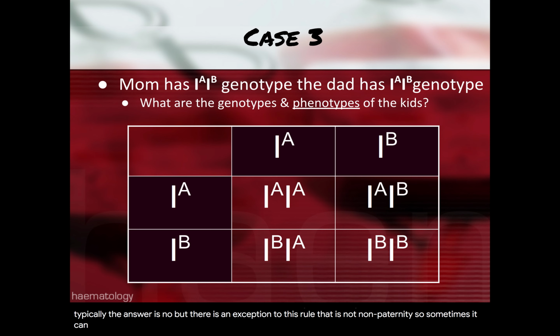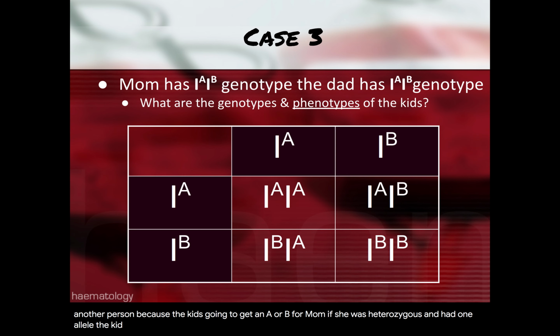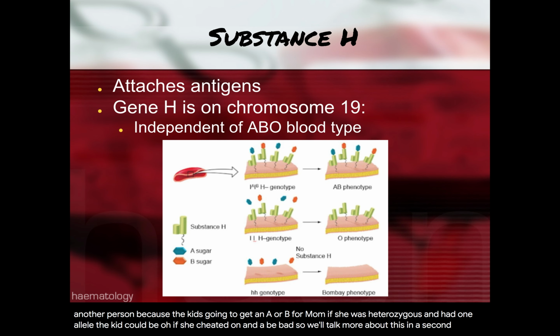So sometimes it could be an IA, well, no, an AB mom couldn't have an O kid, even if she had cheated on dad with another person, because the kid's going to get an A or a B from mom. If she was heterozygous and had one O allele, the kid could be O if she cheated on an AB dad. So we'll talk more about this in a second.